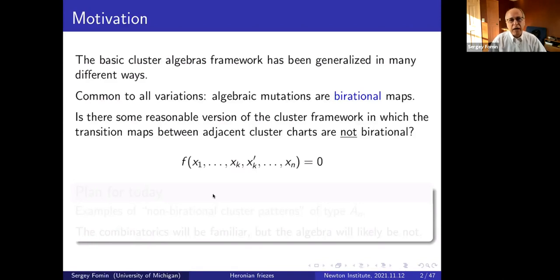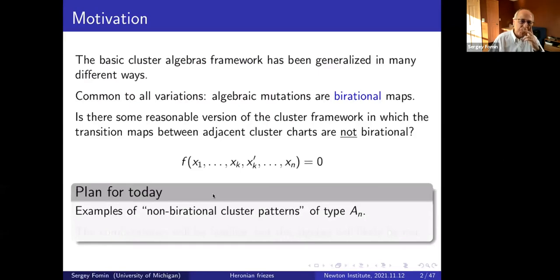And I will try to argue that it doesn't ruin everything, that there must be some kind of more general setup in which even more general algebraic maps that, generally speaking, ramify could play a role. So what's the plan for today? I will focus on the cases where we at least know the underlying combinatorics.